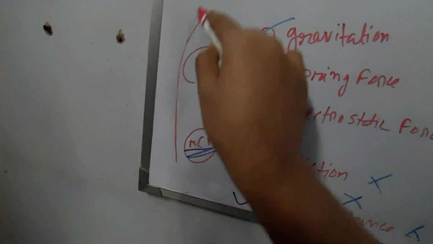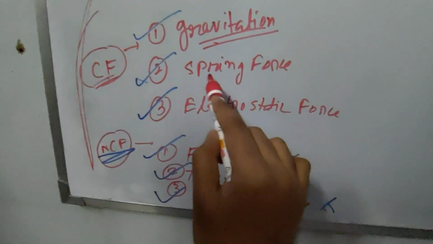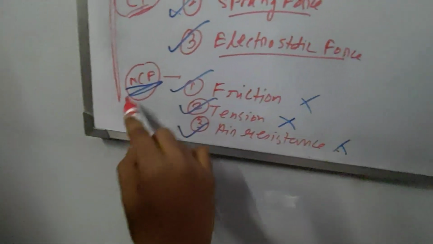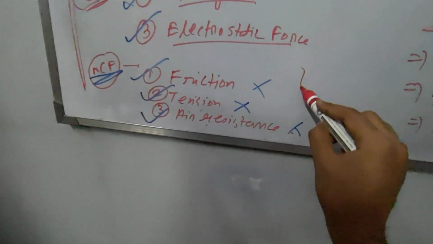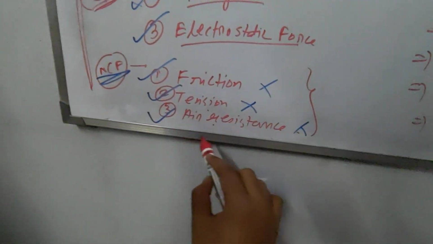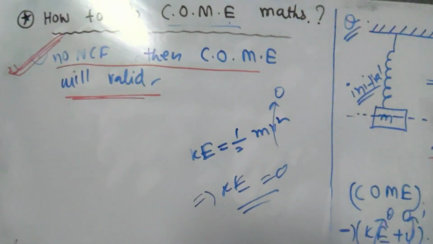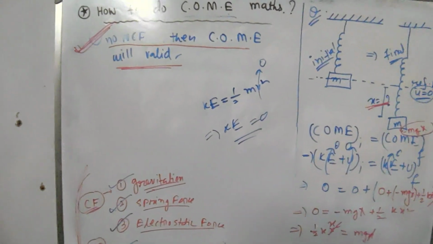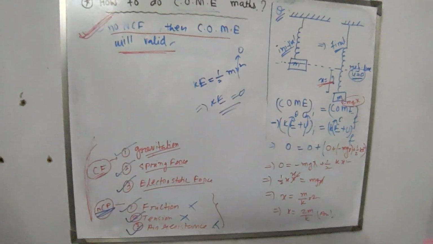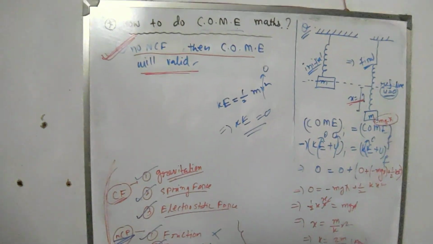Also remember that conservative forces are gravitation, spring force, and electrostatic force, and non-conservative forces are friction, tension, and air resistance. If these are not given in the question, then the question will be solved with COME formulas. So this is today's topic, and I think you all understand very well. Let's study and keep it up.